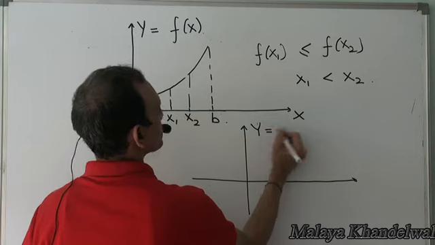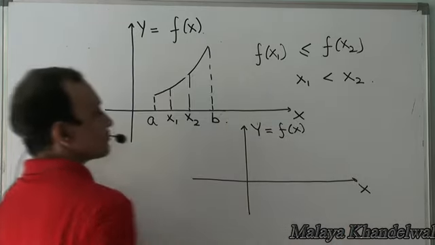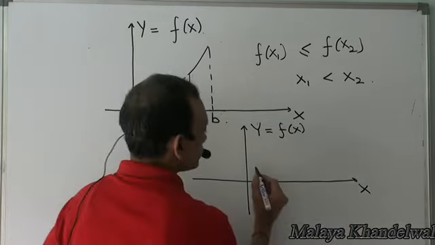Y equal to f(x), suppose, versus x. If I have a function like this in the interval a to b, something like this, where between c and d the function maintains a constant value.